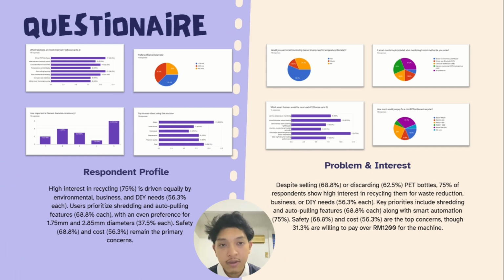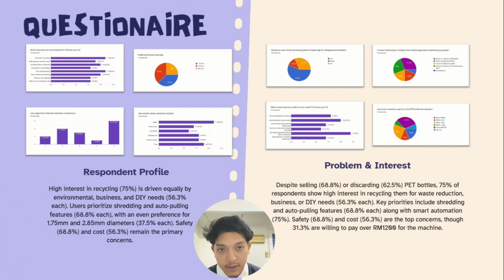Users prioritize shredding and auto pulling features, at 16.8% each, with an even preference for 1.75mm and 2.85mm diameters, at 37.5% each. Safety is 16.8% and cost, at 56.3%, remains the primary concern.